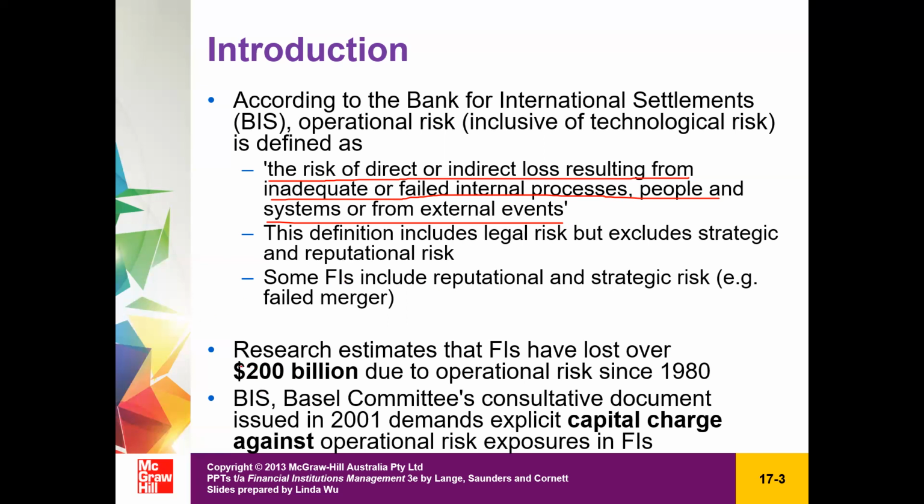For example, a research estimate shows that financial institutions have lost over $200 billion due to operational risk since the 1980s, which makes it reasonable that the Basel Committee on Banking Supervision has demanded an explicit capital charge against operational risk. We will discuss the capital charge against operational risk in future weeks.